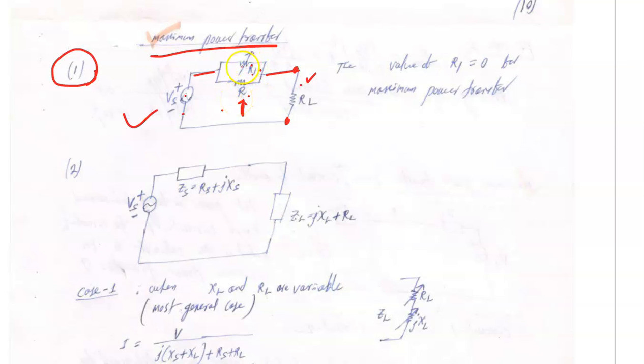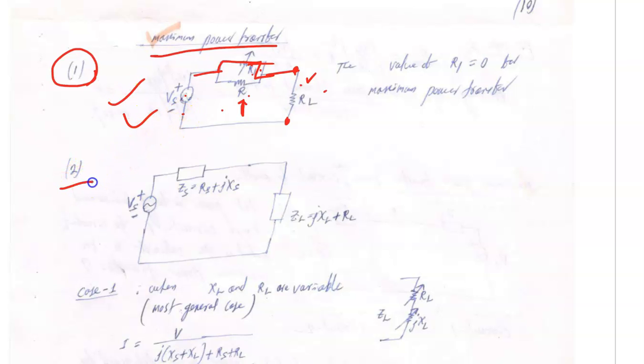Simply, the current will be maximum when R1 is 0, because when R1 becomes 0 it is a short, so maximum current will flow through the RL and the maximum power will be delivered to the load. This is a tricky case, so I find that we should discuss this at the beginning.